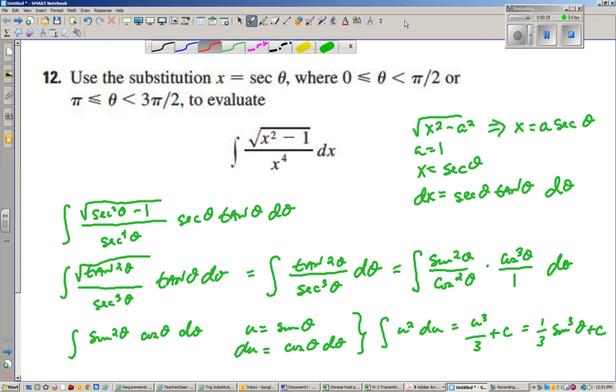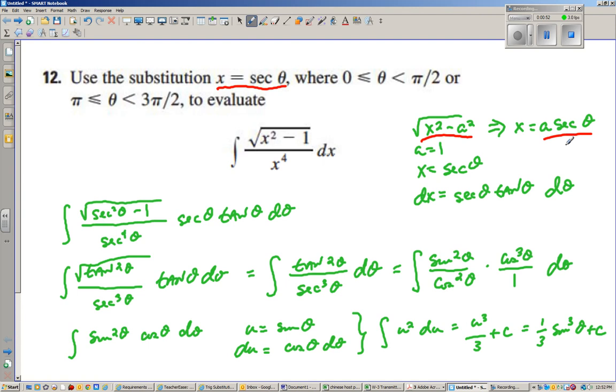When I come to number 12, I'm a little disappointed in that they gave me the substitution. I think we're ready to recognize that when we have this form, x squared minus a squared under a radical sign, that's going to call for us using the substitute for x, a times the secant of theta.